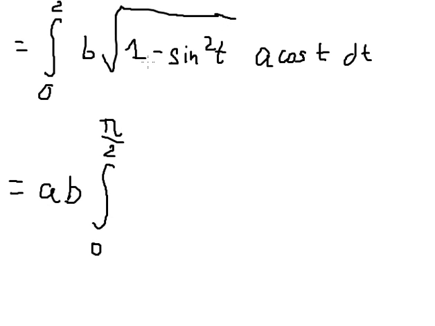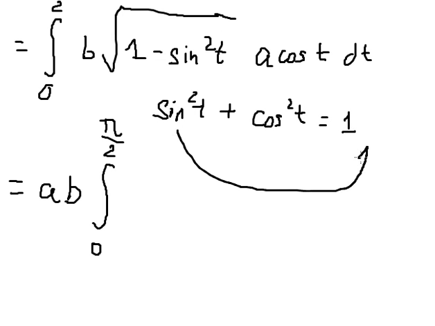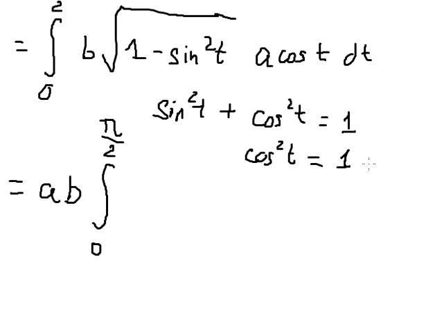This one we have cosine t square, because we have sine t square plus cosine t square equals number 1. Now I will put sine t square in here, and that's why we have cosine t square equals 1 minus sine t square.